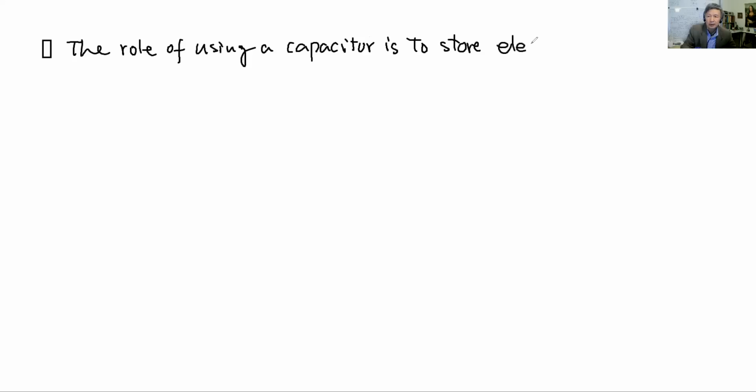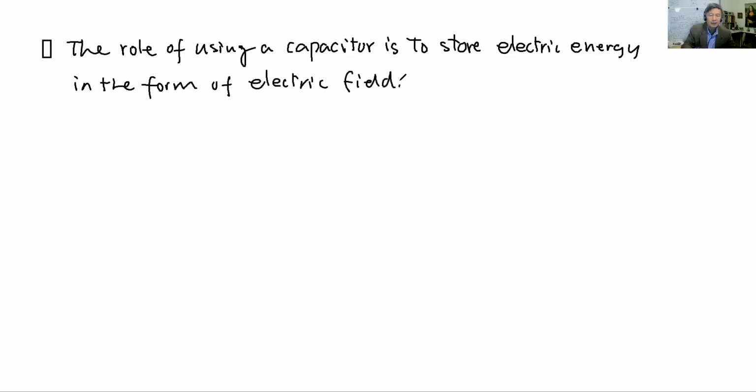The role of using a capacitor is to store electrical energy in the form of electric field. Electrical field. Okay, so that is the key.